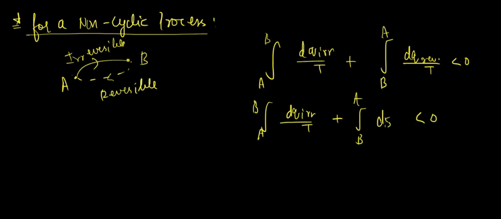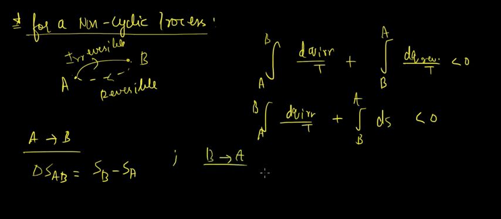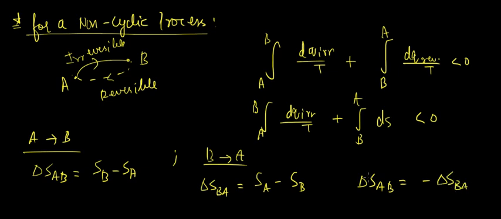As dS is only defined for dq reversible by T, we are writing it as dS. So change in entropy of A to B would be equal to entropy of B minus entropy of A. And from B to A, delta S BA can be written as entropy of A minus entropy of B.